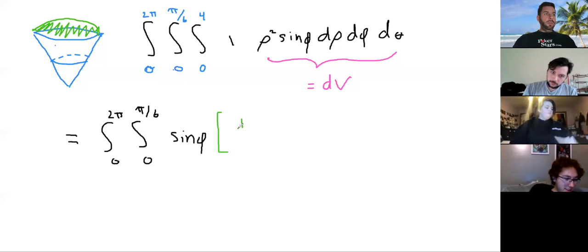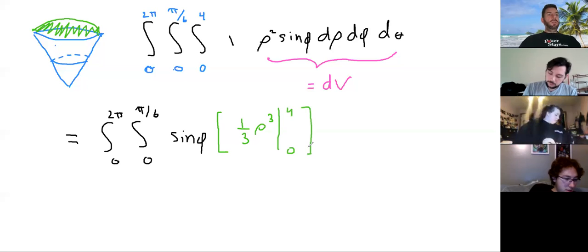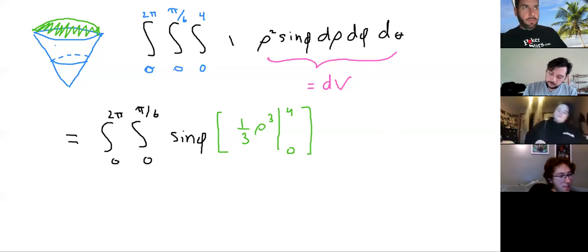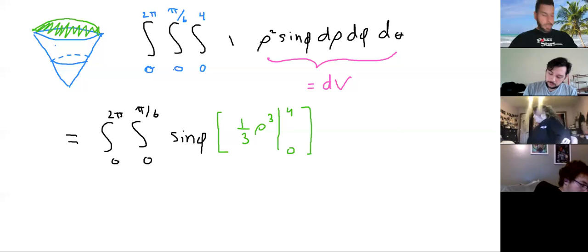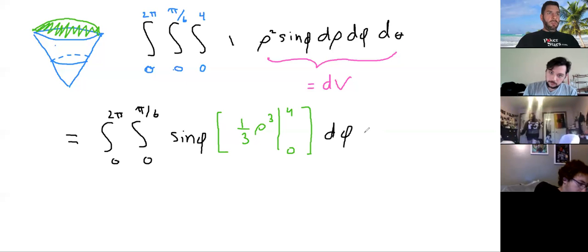Well, I get 1/3 rho cubed from 0 to 4. And if I integrate that variable, what's left is my d phi, and then my d theta. So does anybody have a question about this?